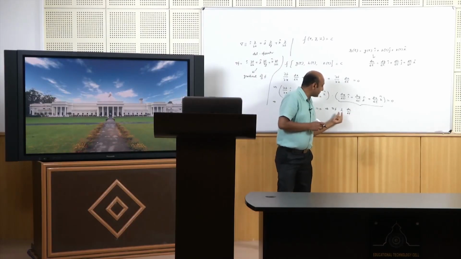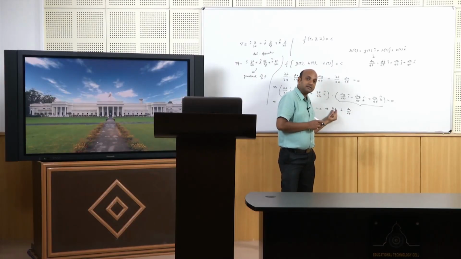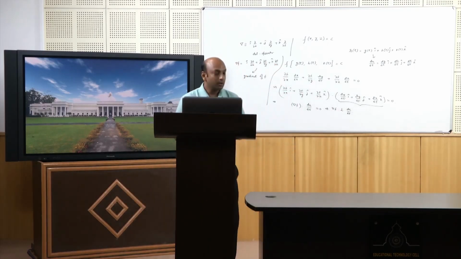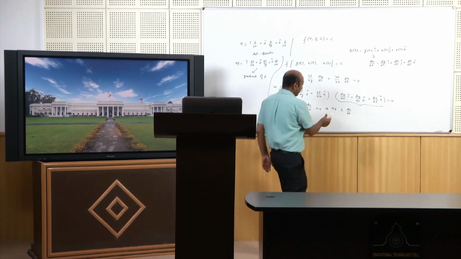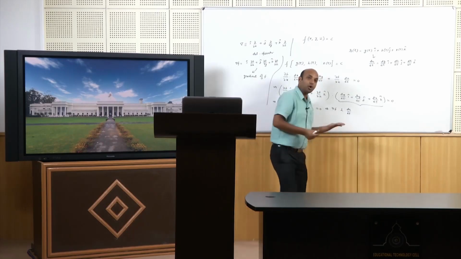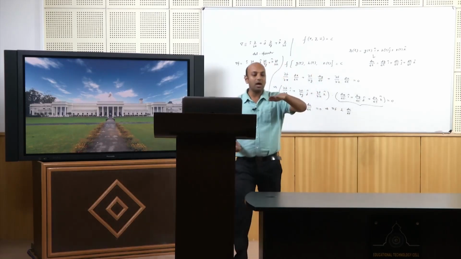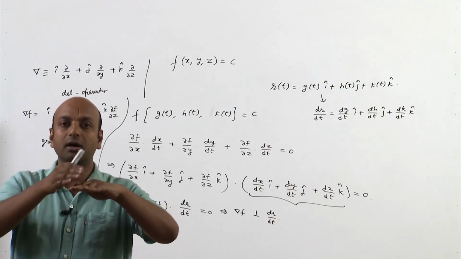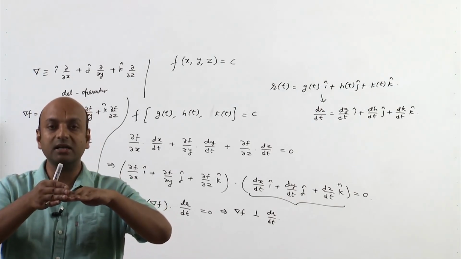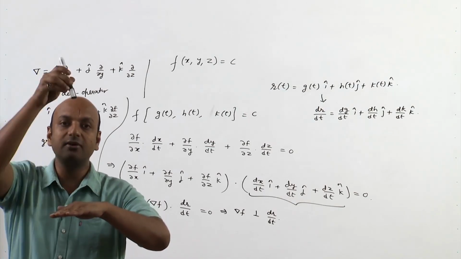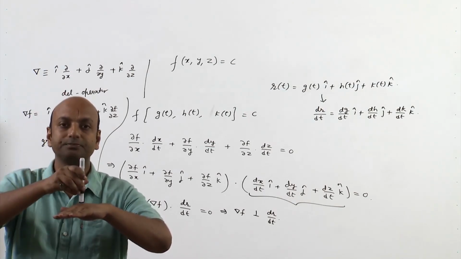Now, this is perpendicular to del f, that means del f is normal to the surface, because it is perpendicular to a tangent. If you have this type of surface, f of three variables x, y, z, then the gradient of f at a point x, y, z simply gives the normal to the surface.